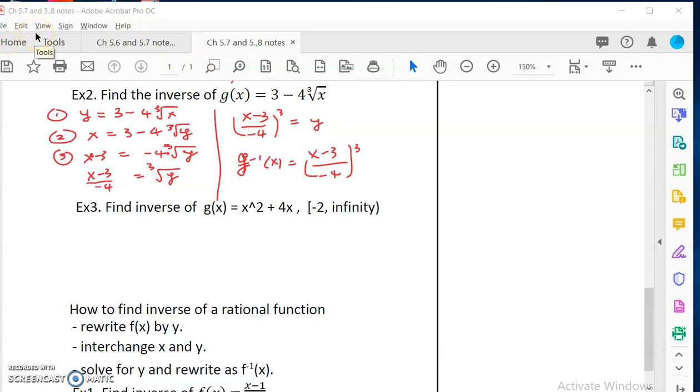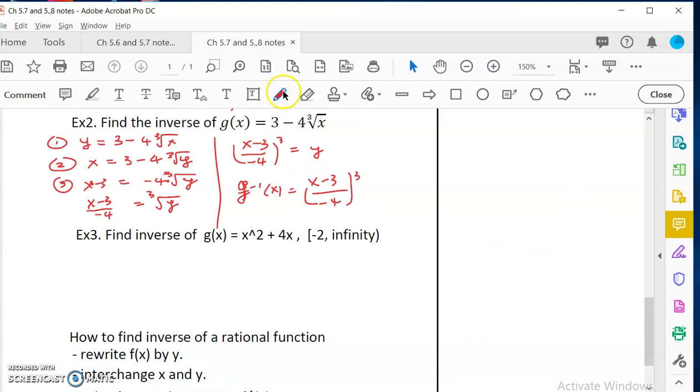So what we can do is, let me get the pencil up first. This one has an x squared. x squared plus 4x.